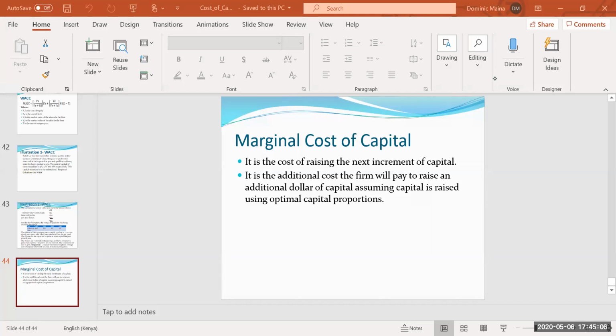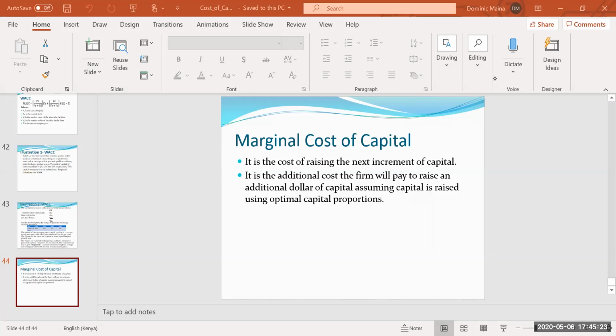Now, marginal cost of capital, or simply sometimes referred to as the MCC: how much will it cost for every dollar, for every shilling, that the company shall be obtaining in the market today.